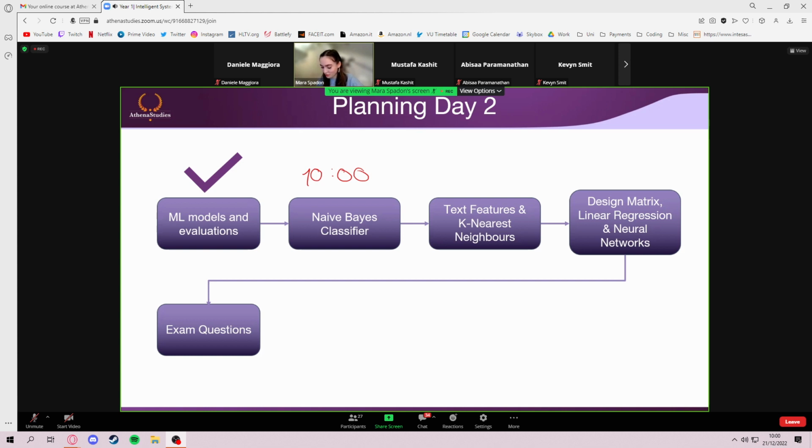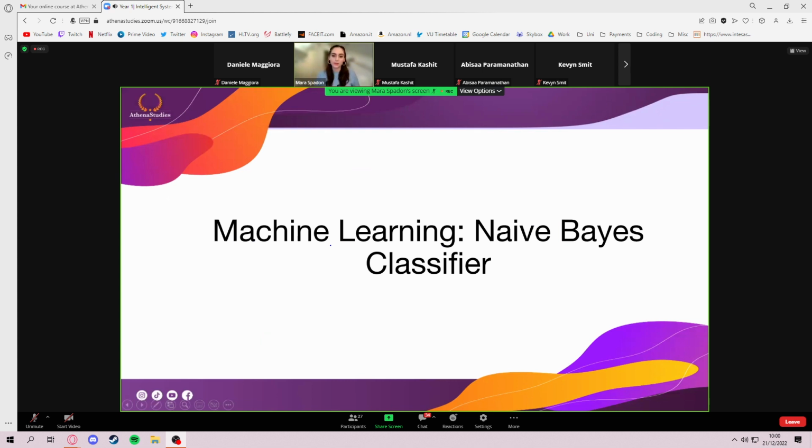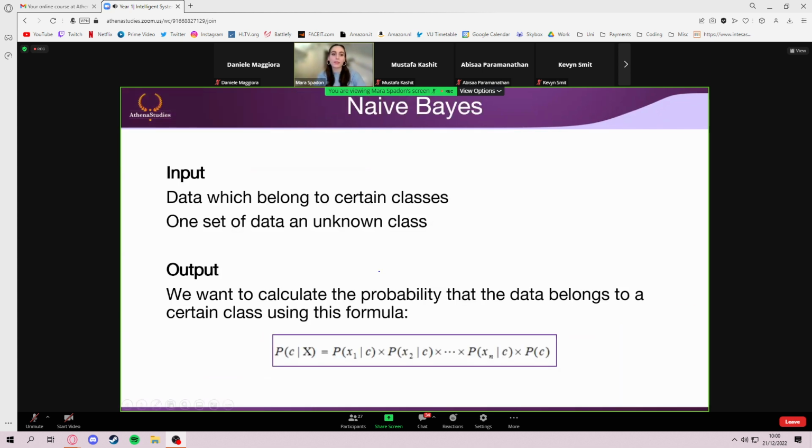Okay, now that we have the mystery solved of the 2020 exam, let's move on with our second topic. That is the naive Bayes classifier. So naive Bayes is a classification algorithm.